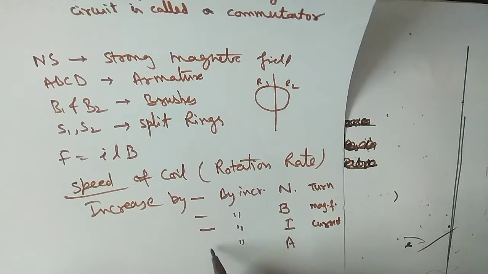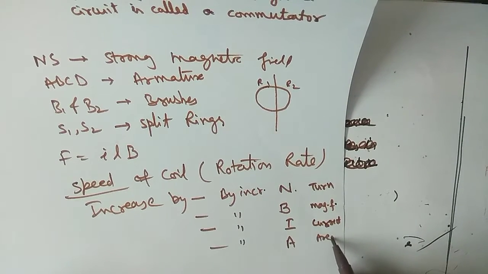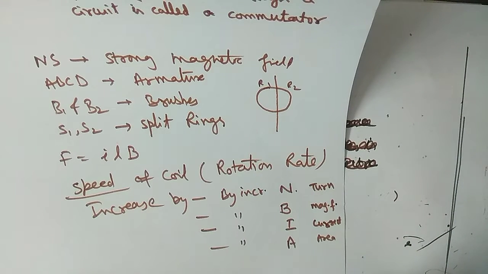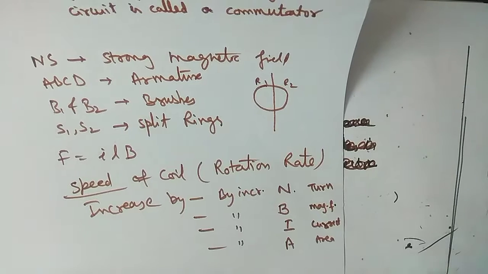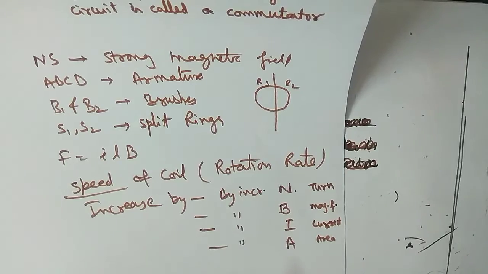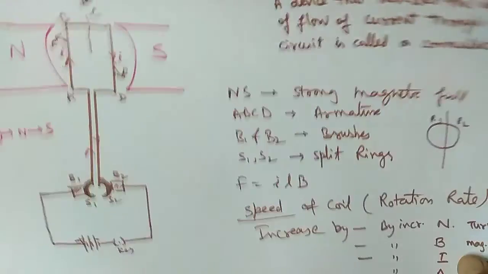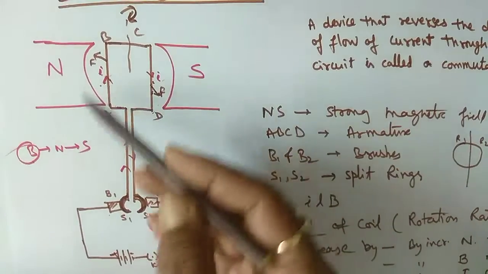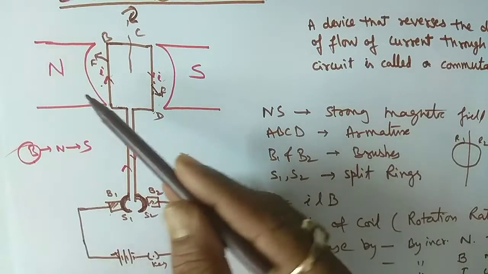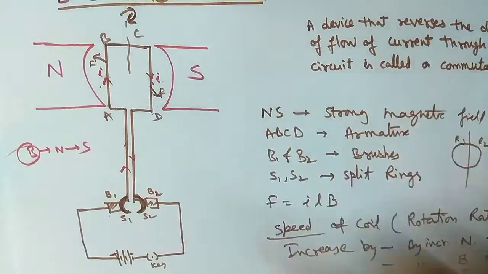So these are the four factors by which you can increase the speed of rotation of the coil. So this is about the electric motor, which converts electrical energy into mechanical energy.